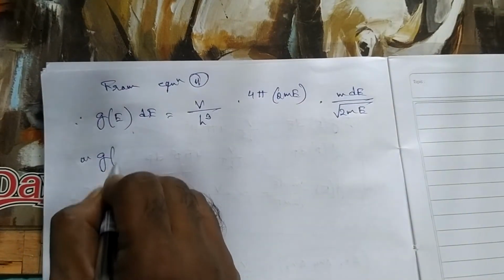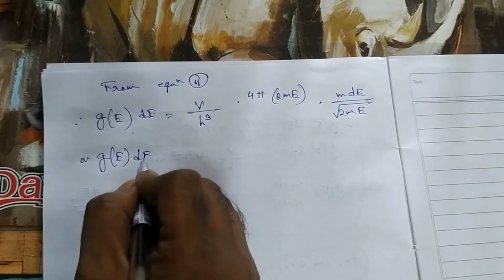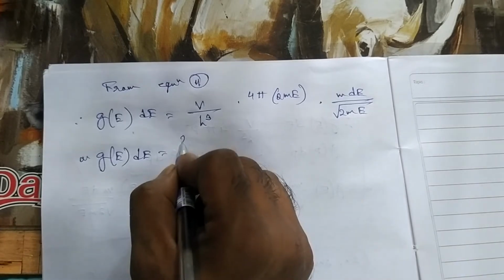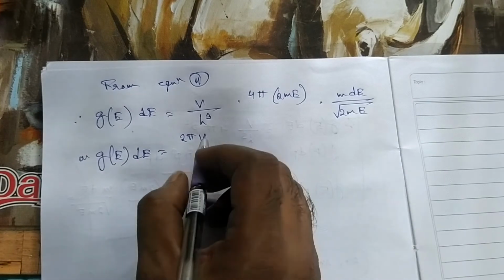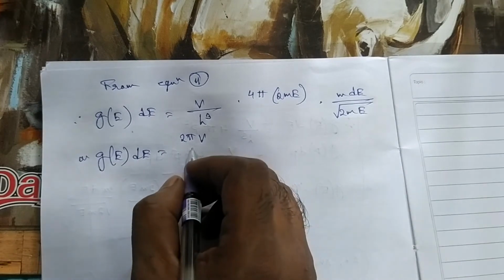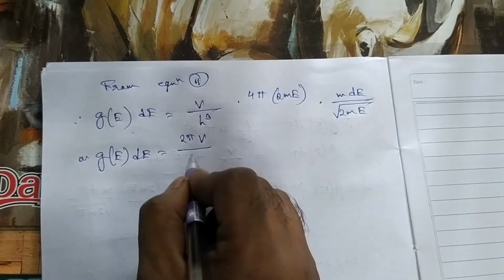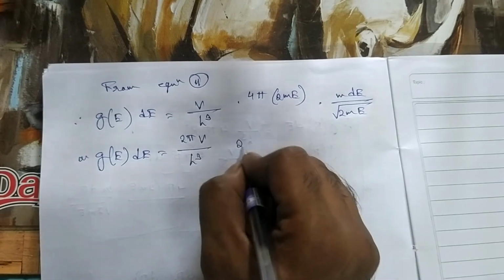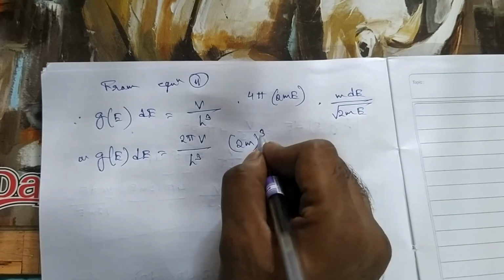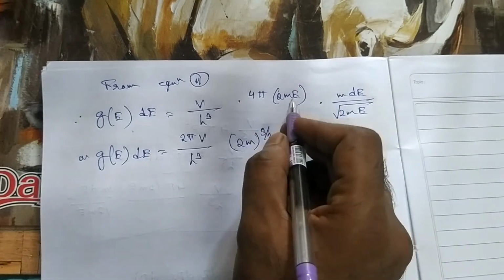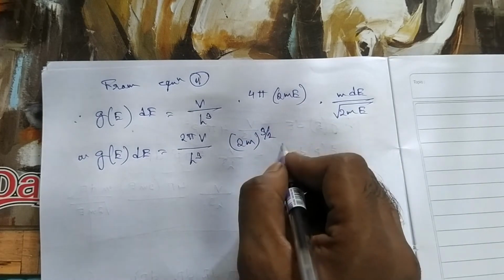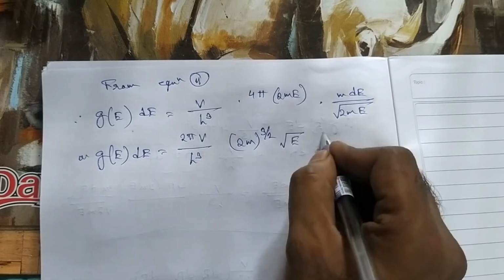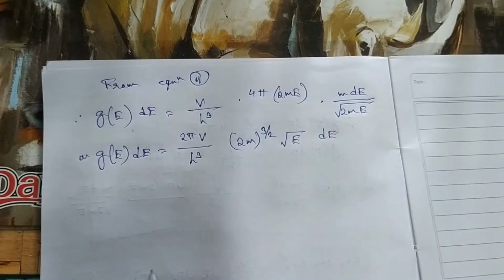Just g(E) dE equal to 2 pi V by h cube (2m) whole to the power 3 by 2, because when the power of 2m is added with the m it becomes 3 by 2, and root E dE.